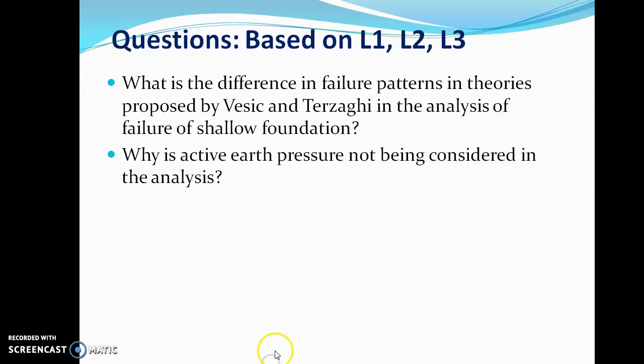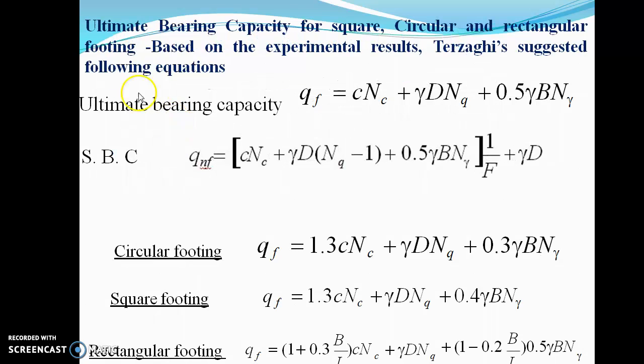So now this is our main equation. We are writing the equation for SBC, which we denoted as QNM. What is the relation between SBC and ultimate bearing capacity? SBC, QNS, will be QF divided by factor of safety F plus surcharge. So we are doing the same thing.